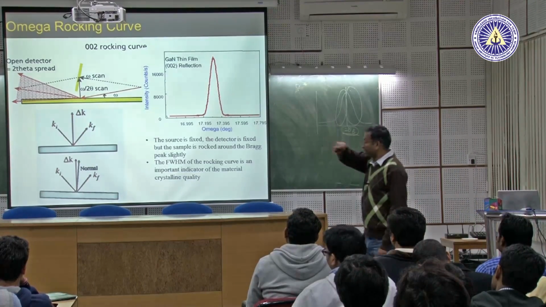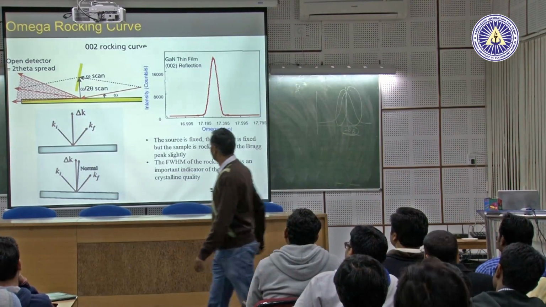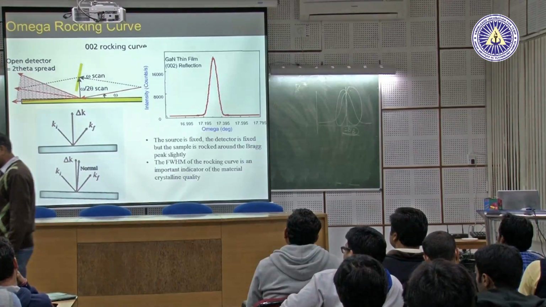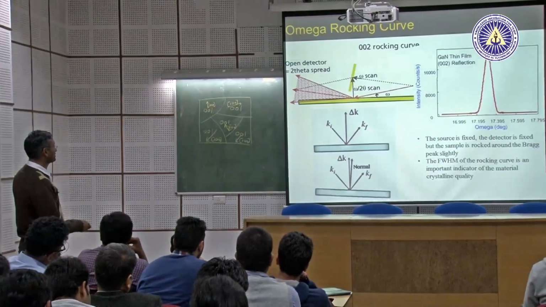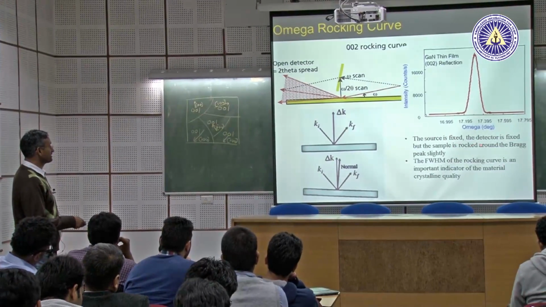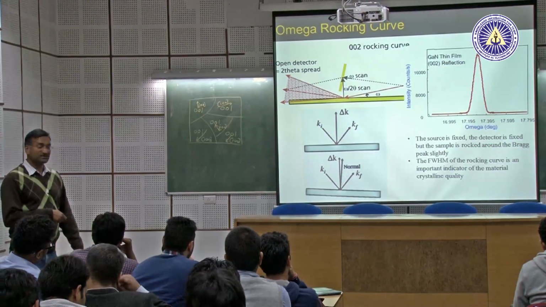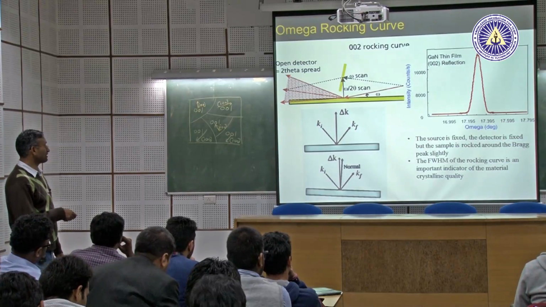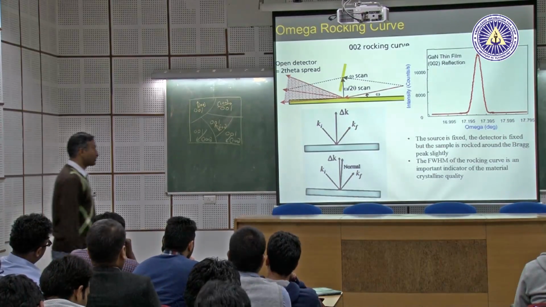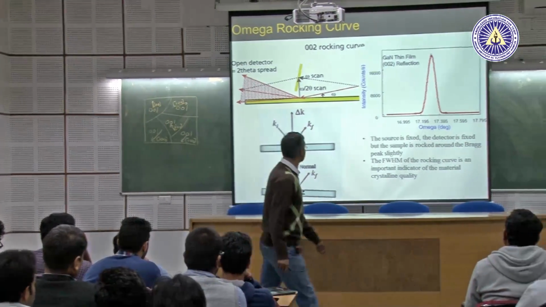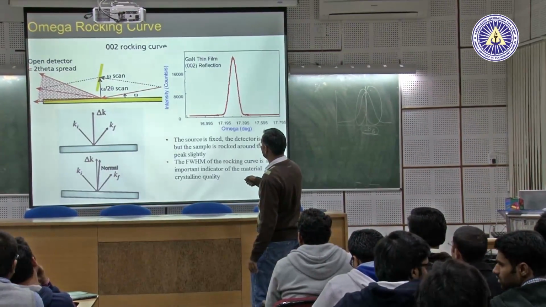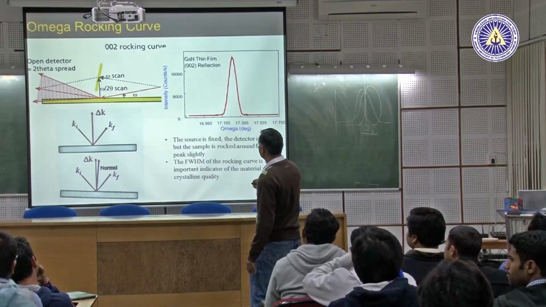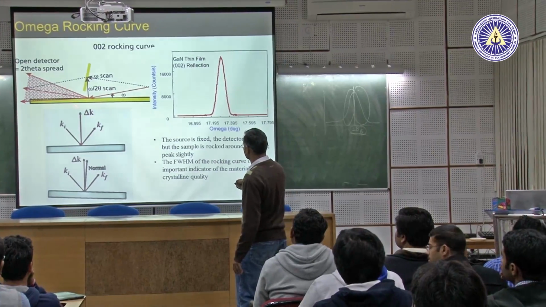Now let's look at the rocking curve. A rocking curve is slightly different. It's nothing but what we are talking about here, except that here the source is fixed, the detector is fixed, but the sample is rocked around the Bragg peak slightly. So in this case, this is your incoming beam, this is your diffracted beam, and you rotate the sample around this axis in this fashion.